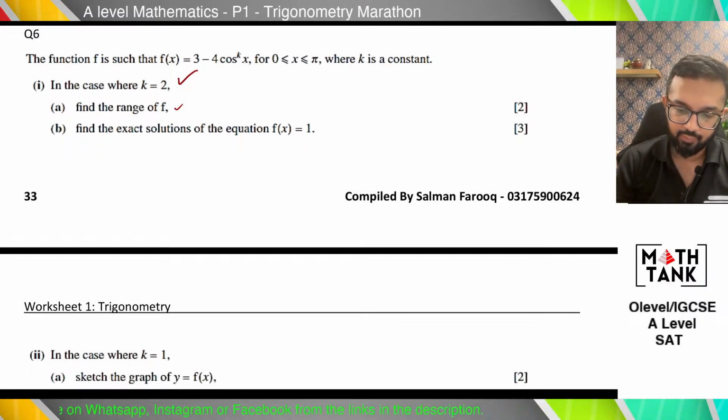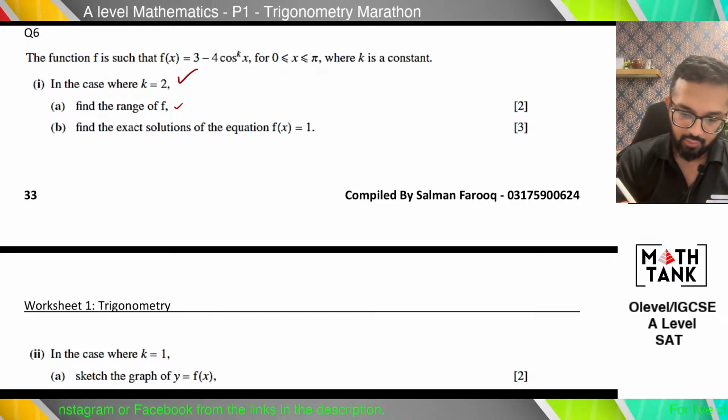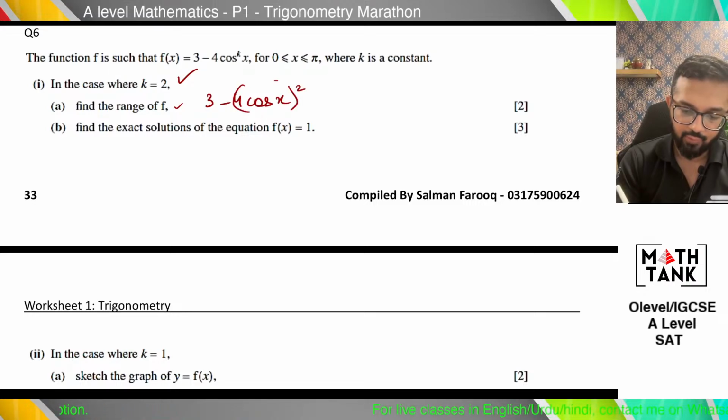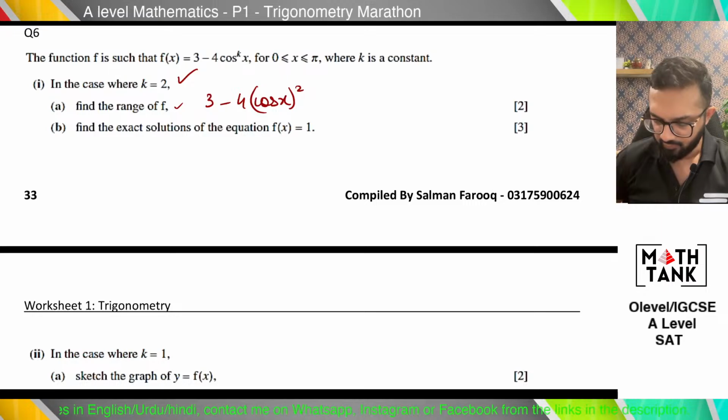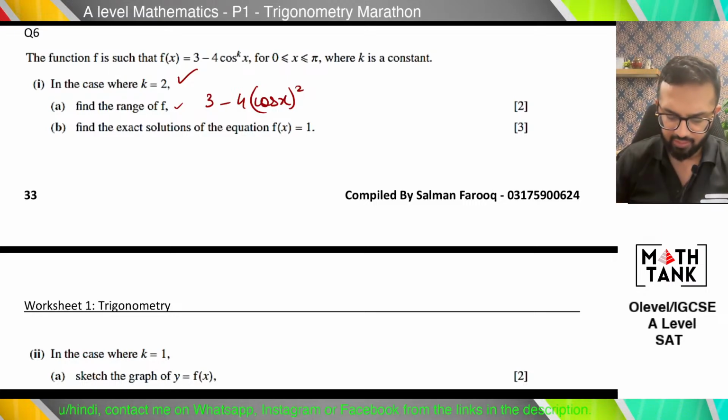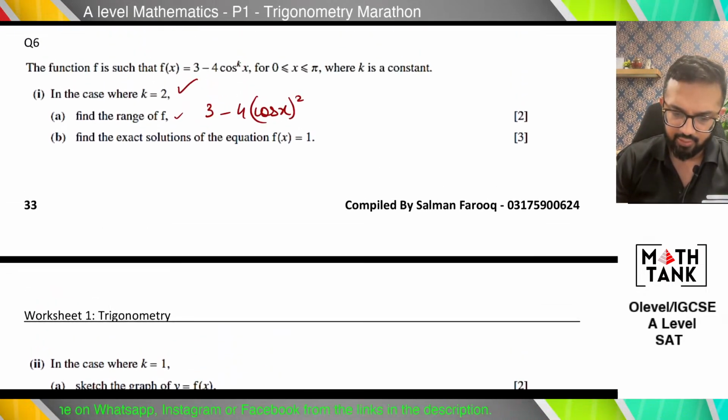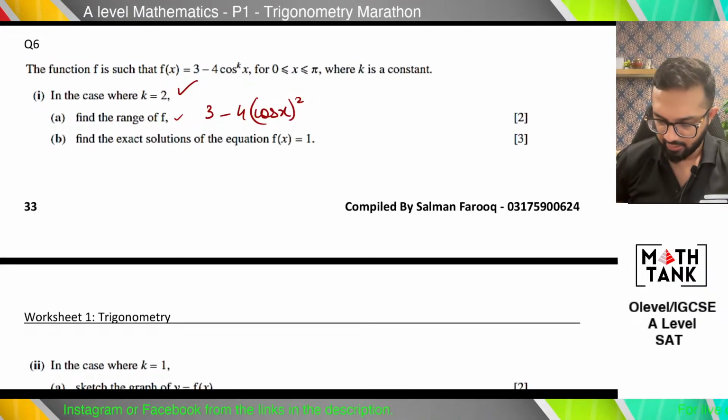So the function that I have is 3 minus 4 cos x whole squared. I think my calculator should be able to give me my correct answer. Let me just check quickly.